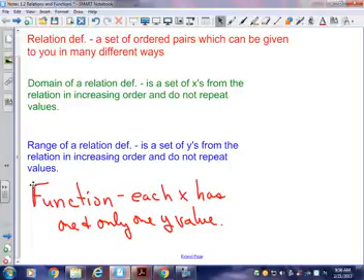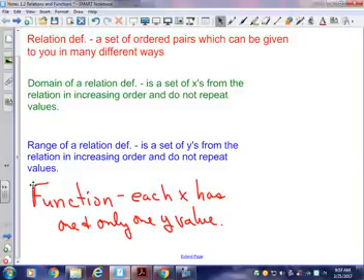No. If the answer is supposed to be 42 and somebody writes down a 57, I'm going to count it wrong. Because you can't have 2 different answers to plugging in the number. If you plug a 2 into a problem, everybody in the class should get the same answer. Does that make sense? So every x you plug in can only have one and only one y value that comes out of your equation.